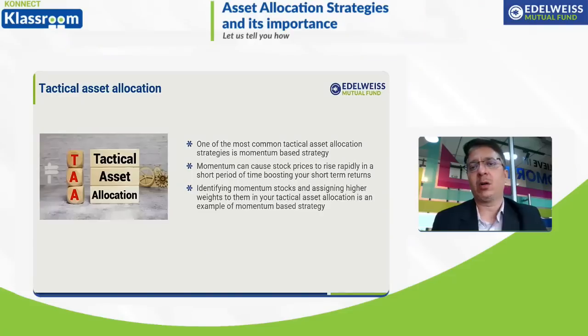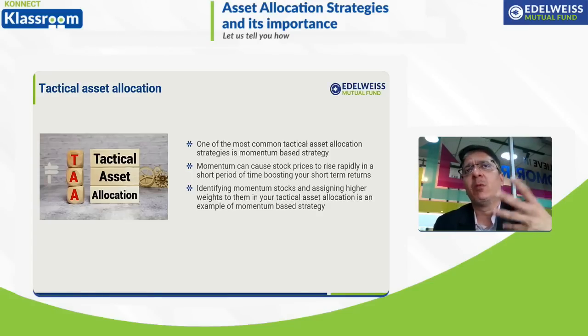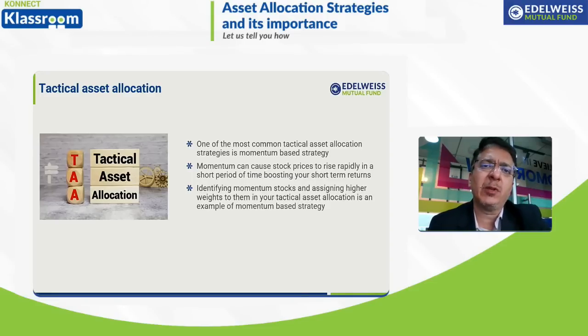And if I were to talk in terms of tactical asset allocation, one strategy which a lot of people are now deploying is a momentum based strategy. A lot of mutual funds also have momentum based passive schemes. But apart from that also, people are looking at stocks which are carrying some kind of a momentum, where they think that they want to ride this momentum for this short period of time.